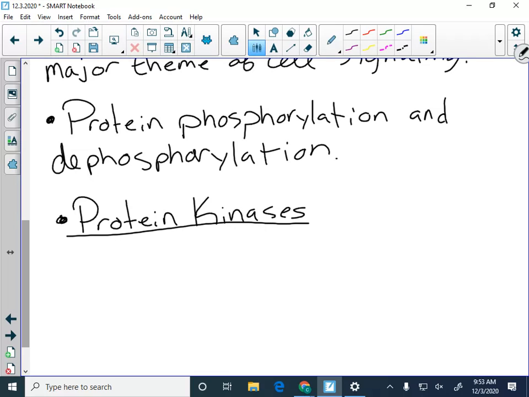Protein kinases are enzymes that transfer phosphate groups from ATP to a protein. So kinases are a class of enzyme.